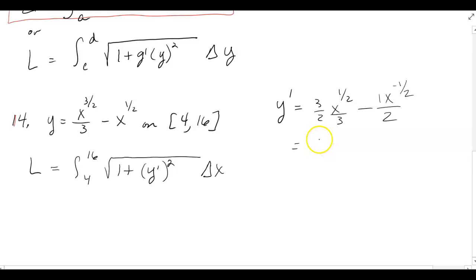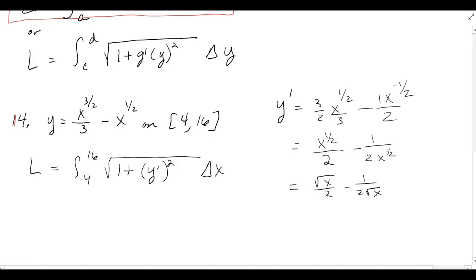We get x to the 1/2 over 2, because my 3's cancel, minus 1 over 2, x to the negative 1/2. For a second, I'm going to put it in radical form: square root of x over 2 minus 1 over 2 radical x.